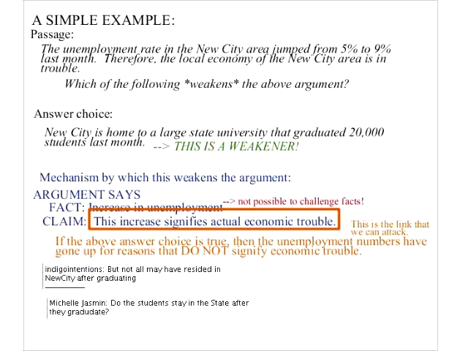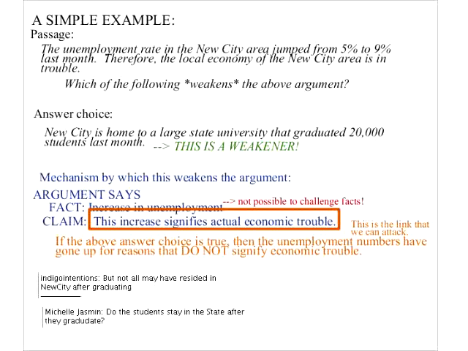What are we doing here? We are making assumptions about this. So let's talk about the assumptions that we're making, and let's talk about why we are making those assumptions. So what we're doing here is this. Not all may have resided in New City after graduating. So we are assuming the following.